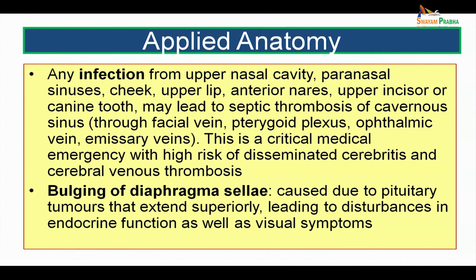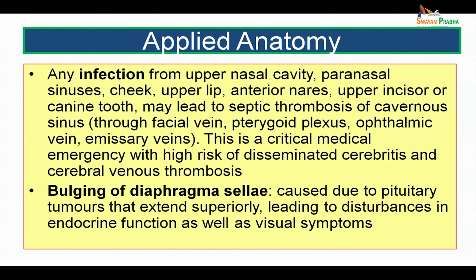One more is there. Let us now go on to see how infections in the extracranial tissues can spread to the cavernous sinus. Infection from the upper nasal cavity, paranasal sinuses, cheek, upper lip, anterior nares, upper incisor or canine tooth may lead to septic thrombosis of the cavernous sinus through the communication which the cavernous sinus has with the facial vein, the pterygoid plexus of veins, ophthalmic veins and the emissary veins.